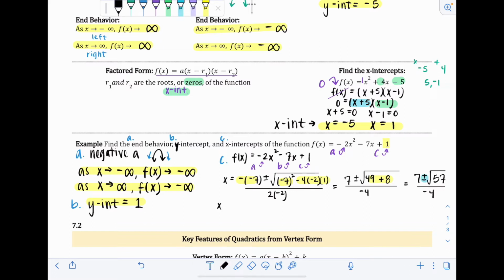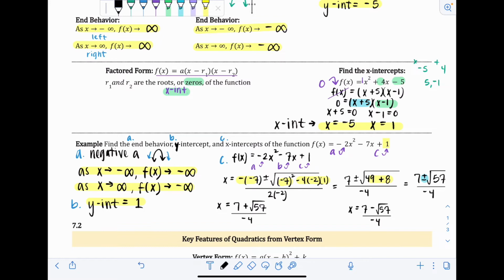So I'm going to do x equals 7 plus the square root of 57 over negative 4, and then I'm going to leave a gap and put the other one over here. So x equals 7 minus the square root of 57 over negative 4, because we just had to separate out the plus or minus. And then at this point, I'm going to get a decimal approximation for the square root of 57.